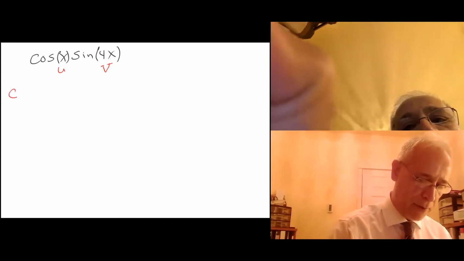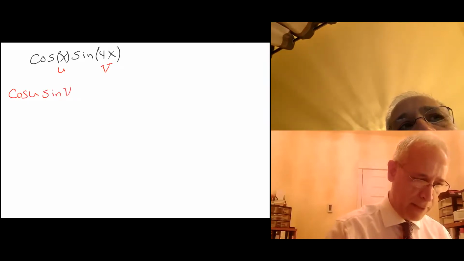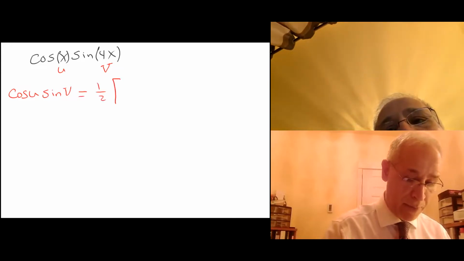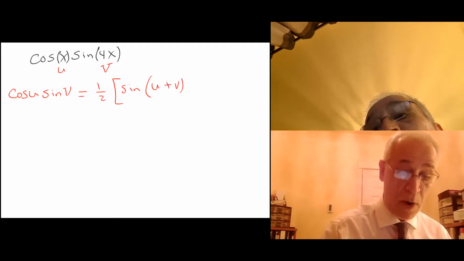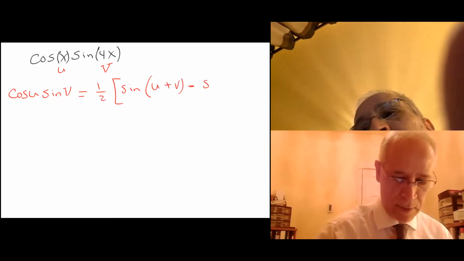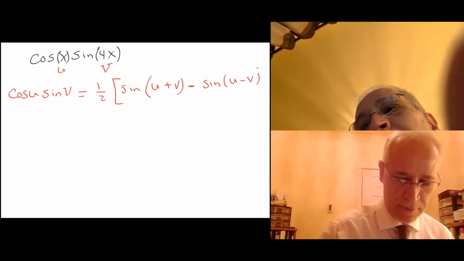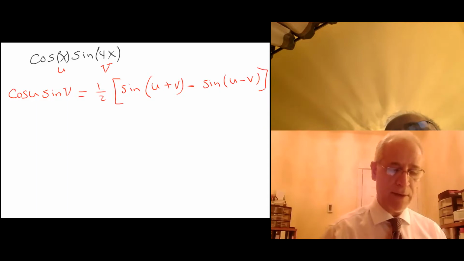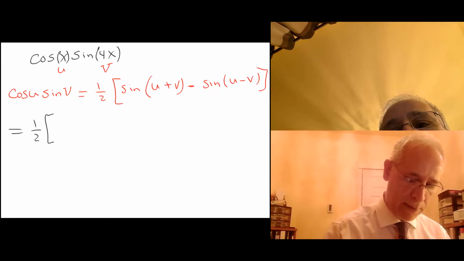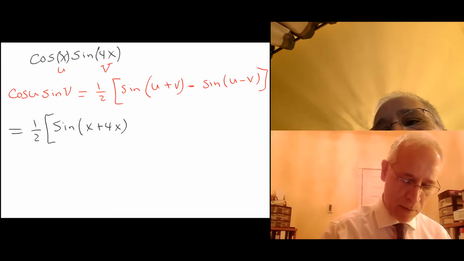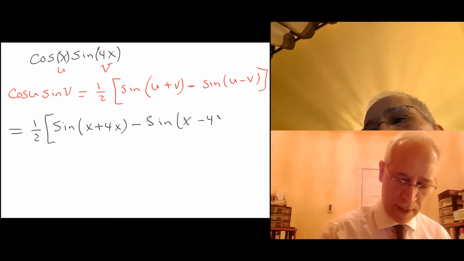If you have the product of cosine of u, sine of v, that is 1/2 bracket sine of u plus v minus sine of u minus v. Now following this formula, then cosine of x sine of 4x equals 1/2 sine of x plus 4x minus sine of x minus 4x.